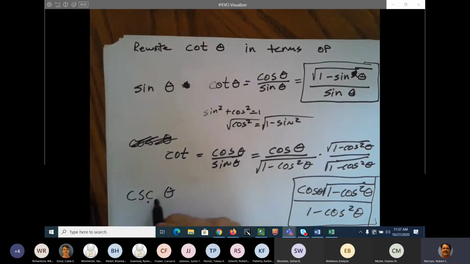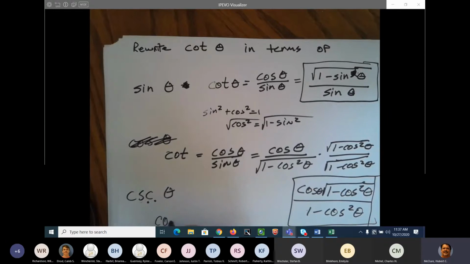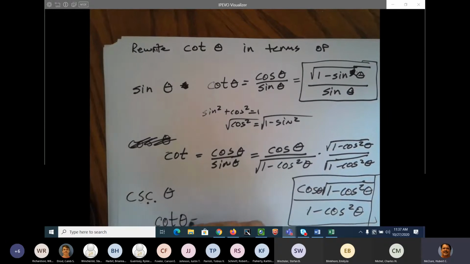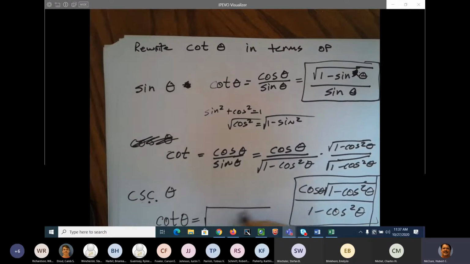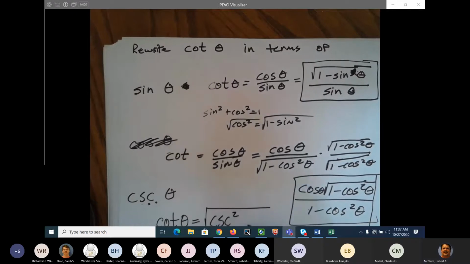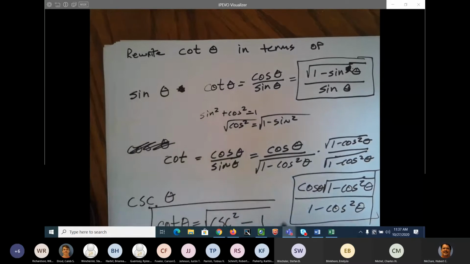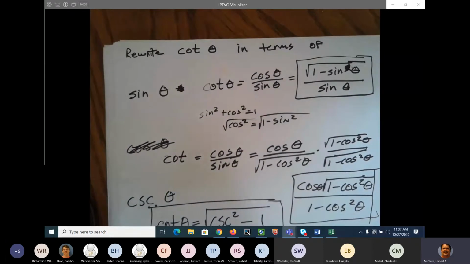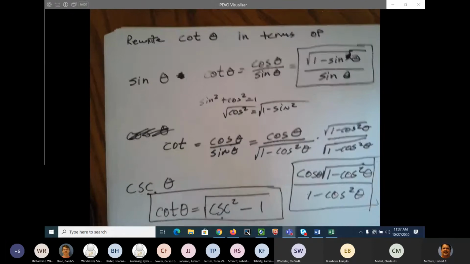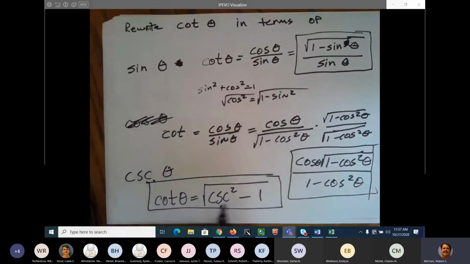Cotangent is going to be equal to the square root of cosecant squared minus what? So I just wrote cotangent in terms of cosecant. Now that's one that's real simple. Just use the Pythagorean identity.